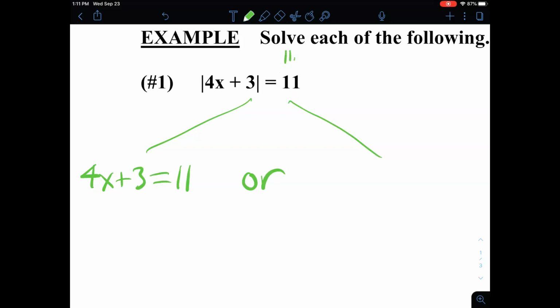There's 11, and there's also negative 11, right? So we're also going to do 4x plus 3 equals negative 11. Those are the two possible options that are 11 away from 0, 11 and negative 11 on either side of 0 on the number line. Those are the two options we're going to solve for here.